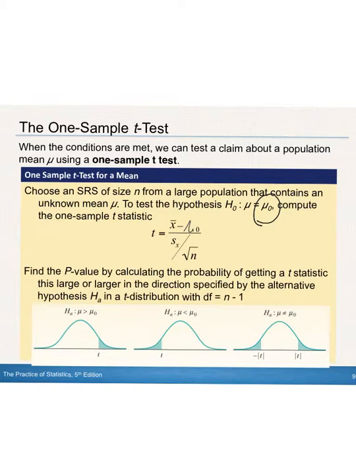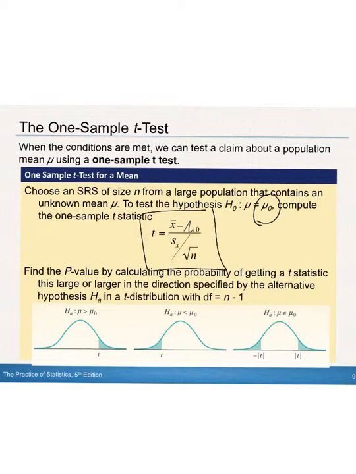Then you standardize the statistic by doing the mean of the sample minus the null mean, divided by the standard deviation of the sample divided by the square root of n.